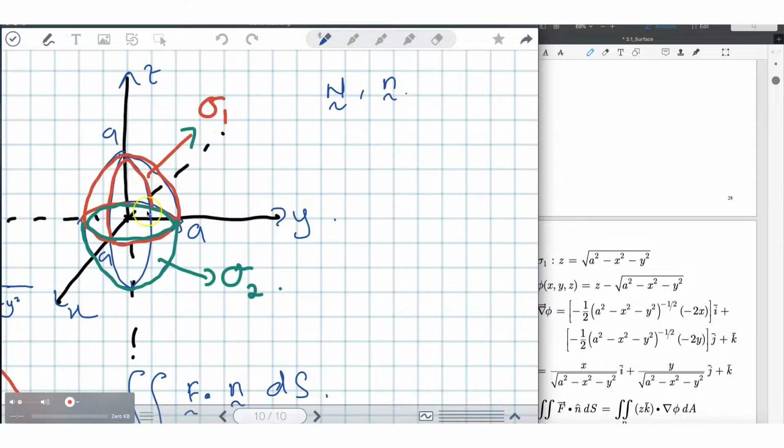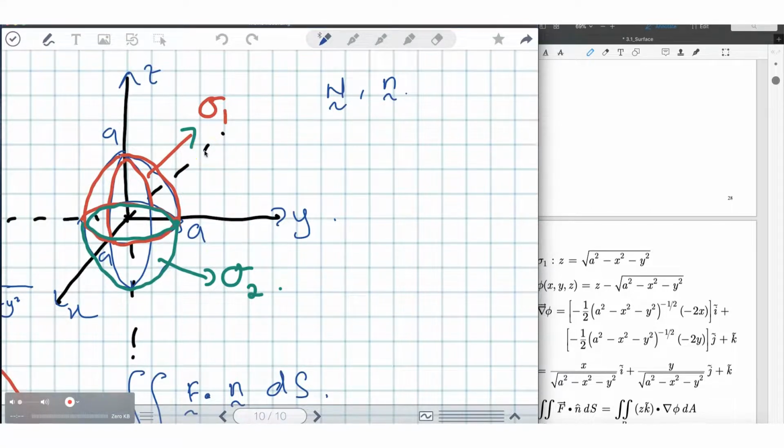So this is your surface. Your surface in red is part of the closed surface, just like the cube that we had just now. So n should point upward from the sphere, specifically where your surface is over here. So what is the direction of n, so that we can say it always points upward on sigma 1?